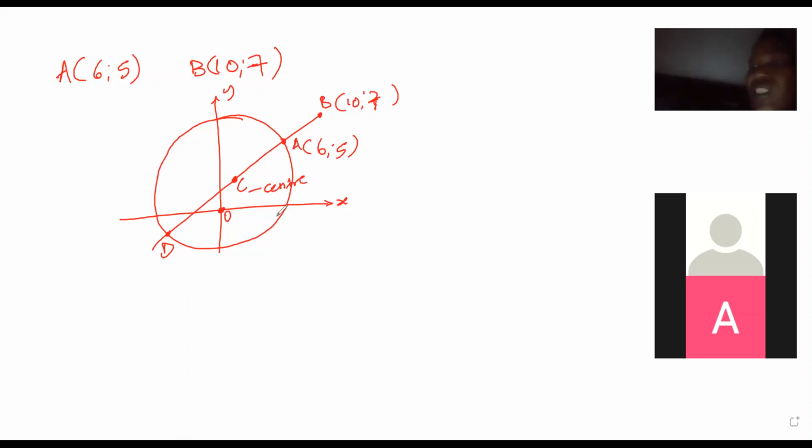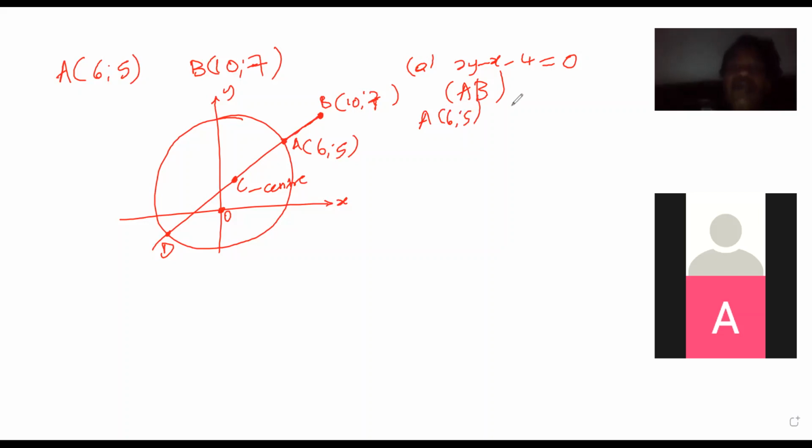Then question A: show that the equation of the line through A and B can be given as 2y minus x minus 4 equals 0. We need to get the equation of the line through A and B. Point A is 6 and 5, point B is 10 and 7.